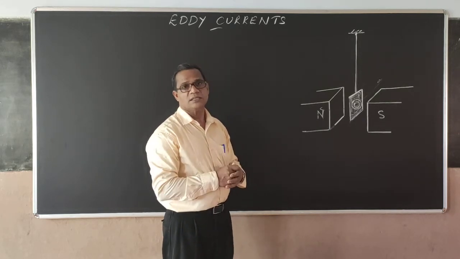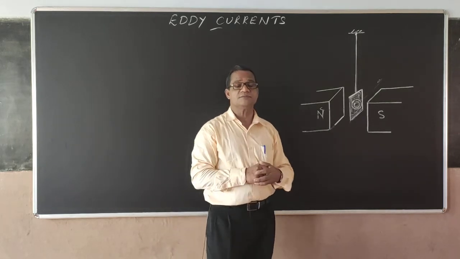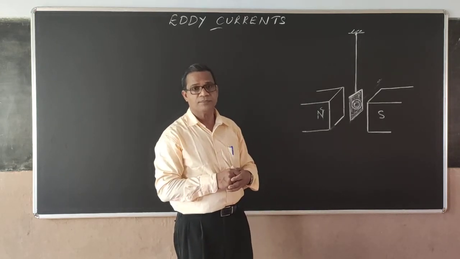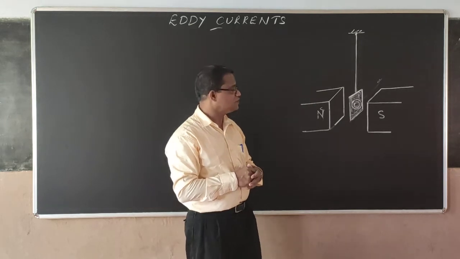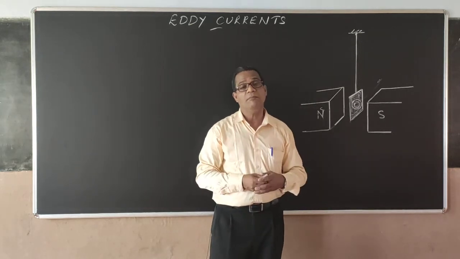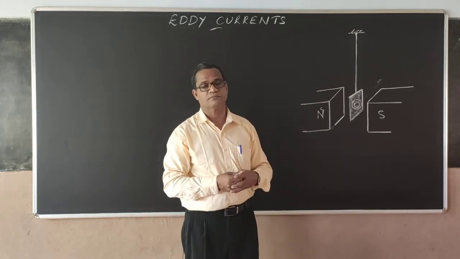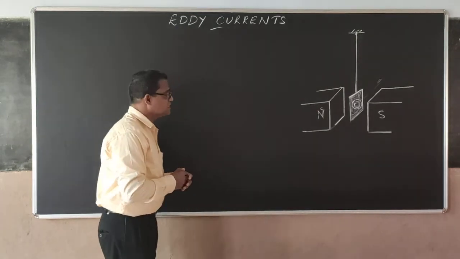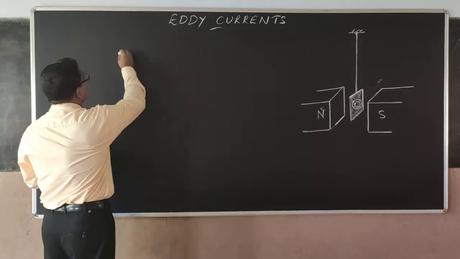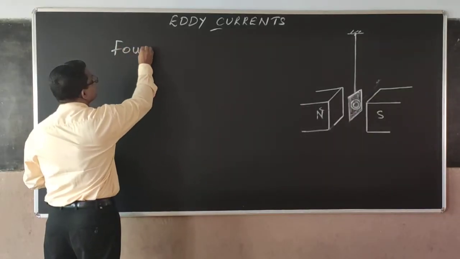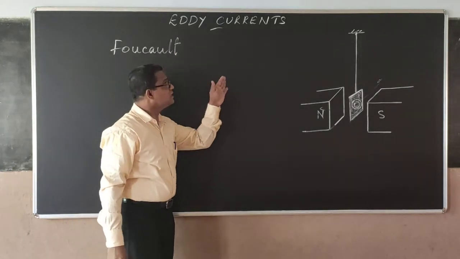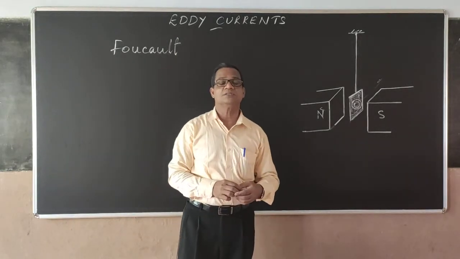So eddy currents are the circular currents induced in a metallic sheet when it is subjected to a varying magnetic field. This effect was discovered by Foucault, and this current is also called Foucault current.